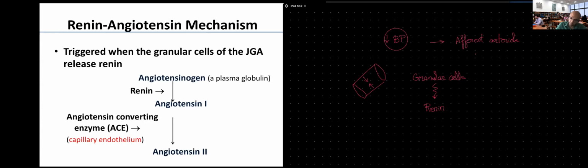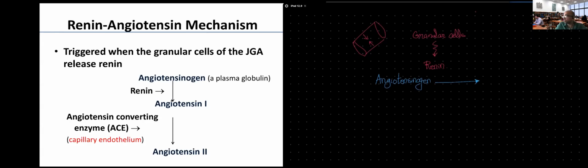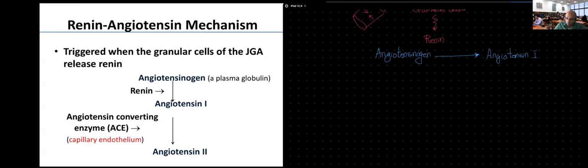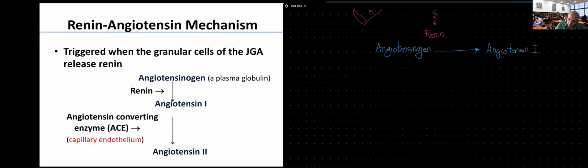Instead, it's actually going to be activating a plasma protein called angiotensinogen, which is an inactive form of the hormone, into a more active form, but it's not fully active, called angiotensin I. Angiotensin I needs to become activated into angiotensin II, which is actually the effective hormone that increases your blood pressure.